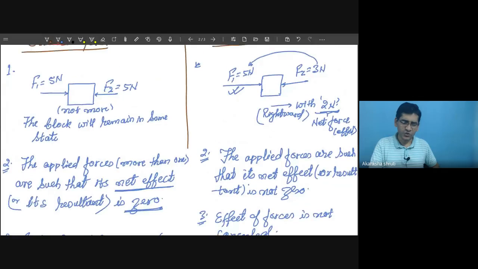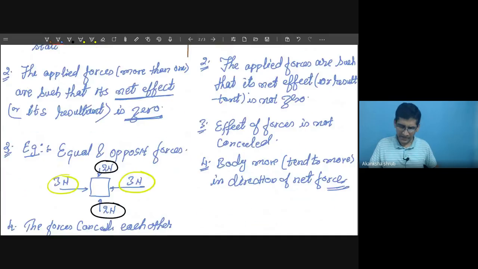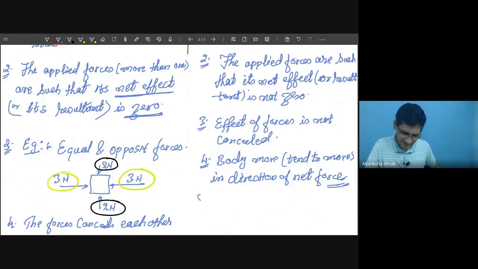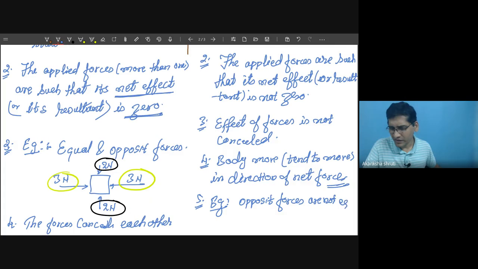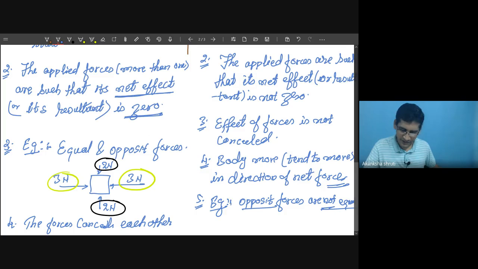So if the two opposite forces are not equal, they are unbalanced forces. If the opposite forces are acting and they are not equal, then it will be an unbalanced force.